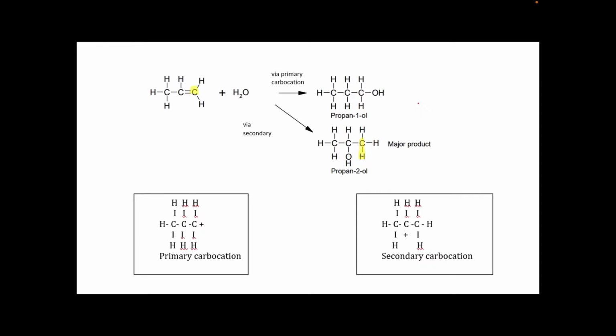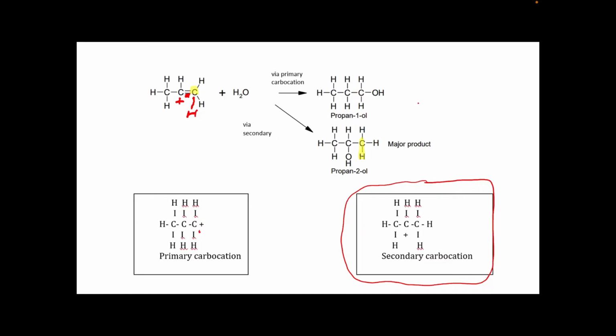When the hydrogen goes onto here, you get left with the positive carbon on the middle carbon. So you form this secondary carbocation. And that's more stable than if the hydrogen was to go on to the middle carbon and leave the end carbon positive.